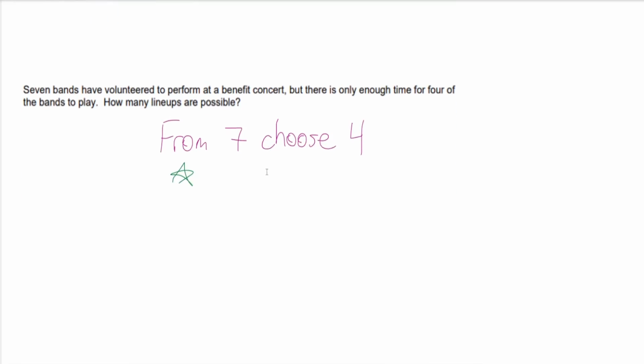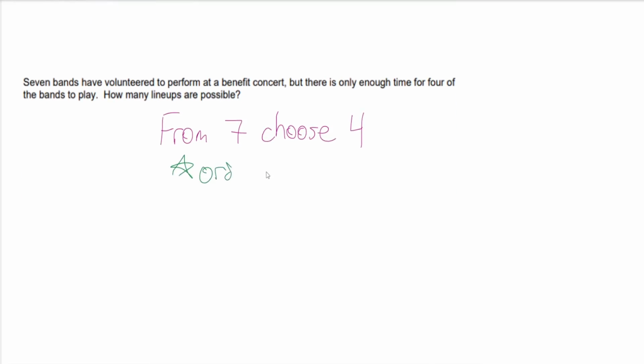So does order matter? That's the question. Well, I don't know. What do you think? For a lineup, what would you say? 7 bands have volunteered to perform at a benefit concert. There's only enough time for 4 of them to perform.